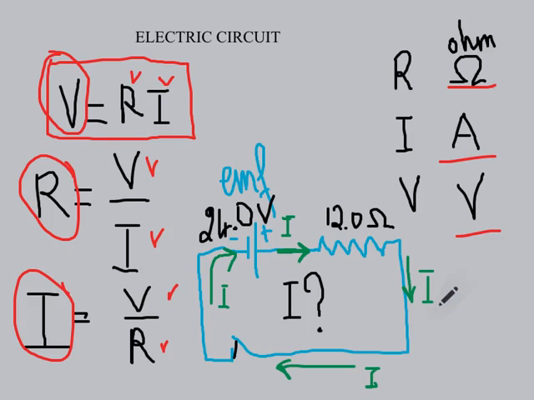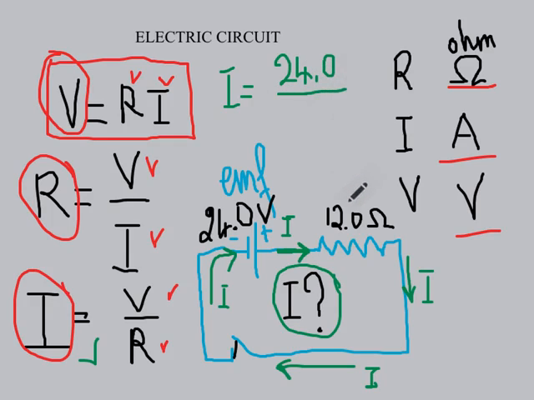So if you are solving for I, we just use this equation here. I equals V, which is 24 volts, divided by the resistance, 12.0 ohms, and that will give us I equals 2.